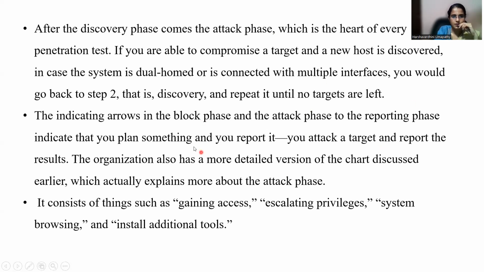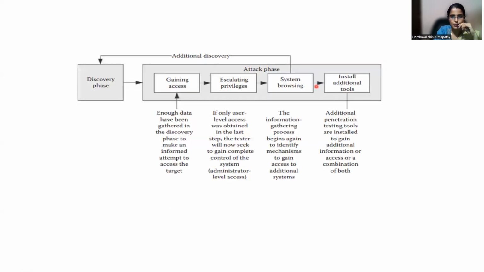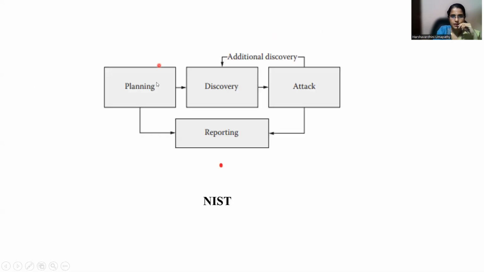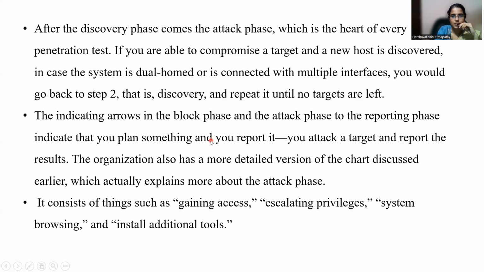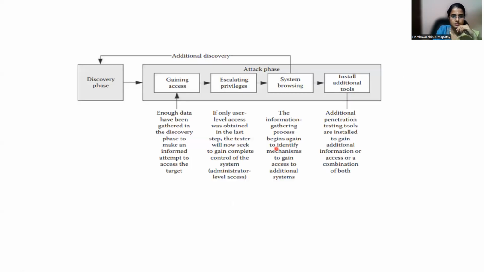Next, the indicating arrows between the attack phase, discovery phase, and the report phase. It is mainly used to target and report the results. It consists of things like gaining access or system browsing, escalating privilege, and installing some additional tools when in need.